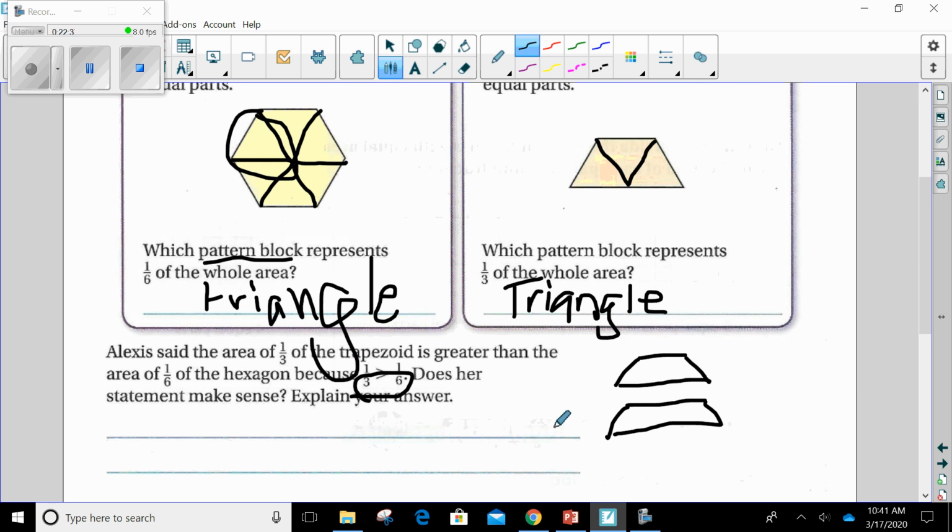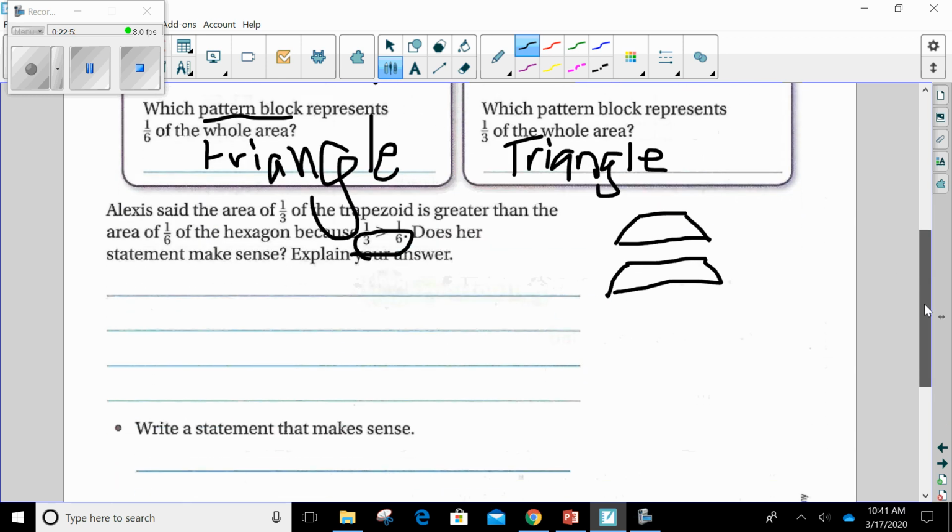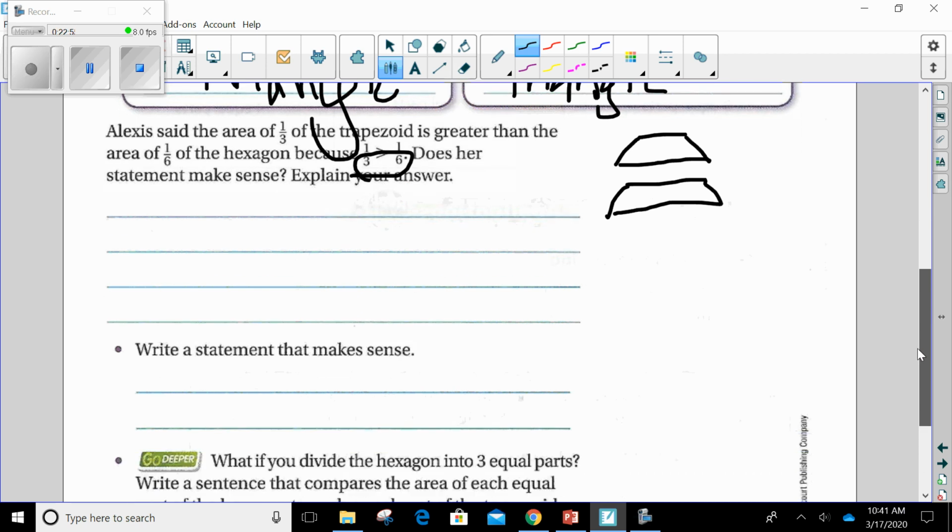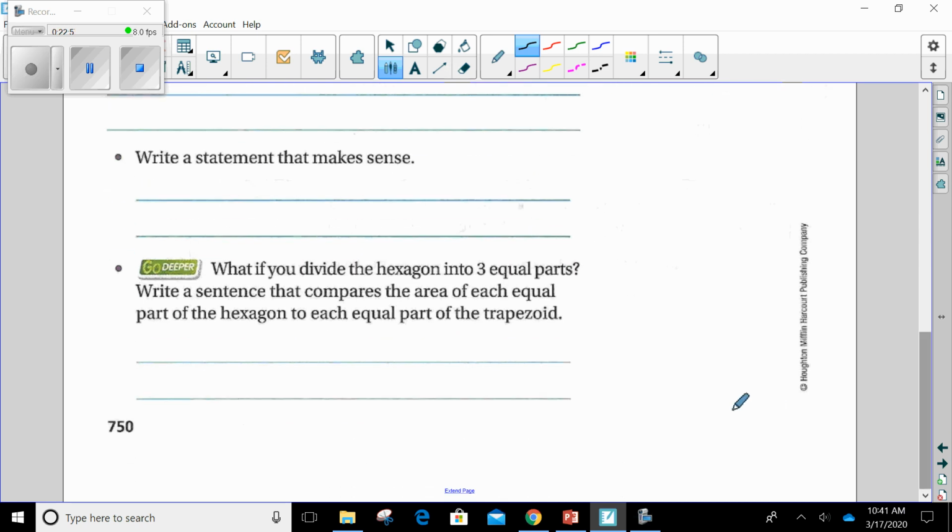But because she's comparing a hexagon with a trapezoid, you can't compare the two. It's a different whole that she is dividing. So no, she cannot make that statement. Okay? All right, we're going to move on.